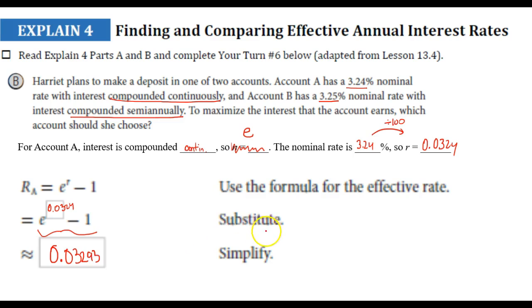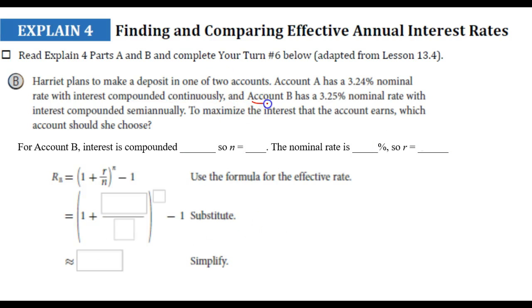For the second account, account B, the nominal rate is 3.25, which we'll change into a decimal, and it's compounded semi-annually. Since it's semi-annually, that means twice a year, so our n value is 2. If you haven't already, divide 3.25 by 100, and you should have gotten 0.0325.